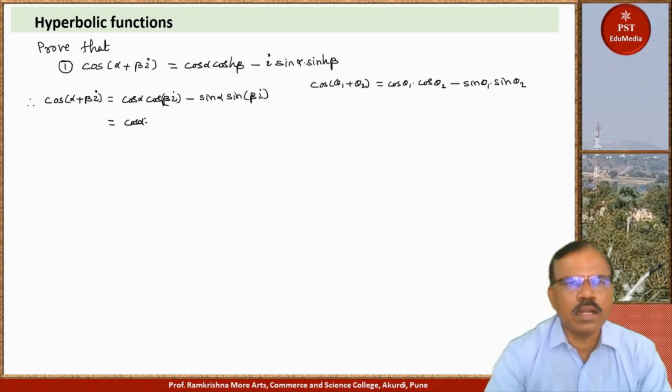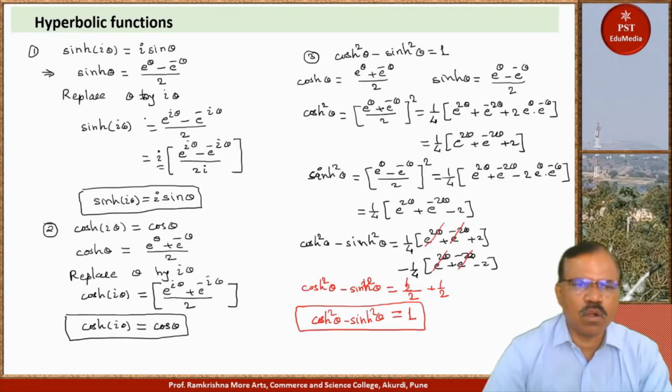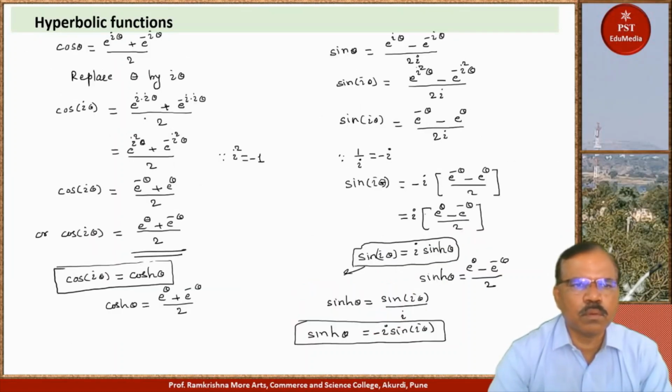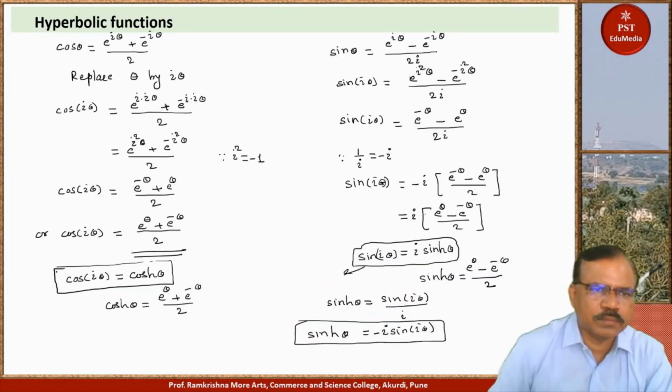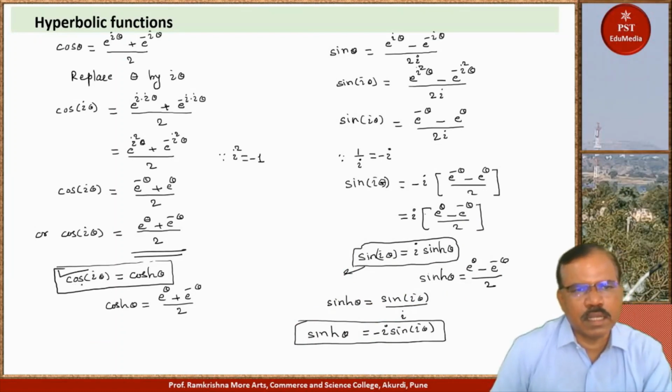Now here cos alpha as it is into cos beta I. We have already seen this one, cos I theta, that is cos hyperbolic theta.